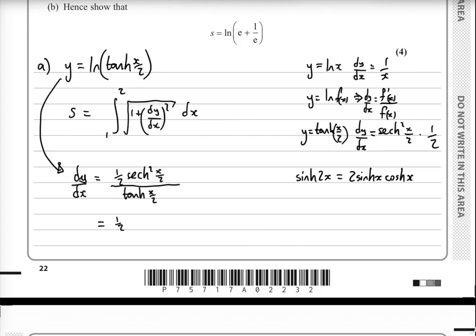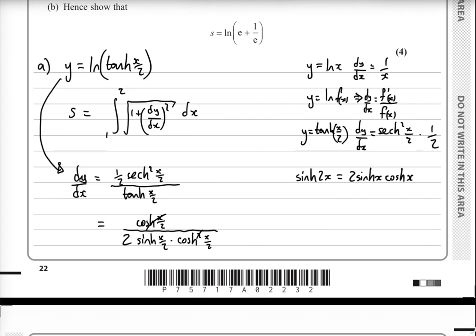Our tangent is sinh x over 2 over cosh x over 2, and the half has that 2 on the bottom. Then the sec squared is a cosh squared down here, and that cancels with that, and then we have got exactly what we need.